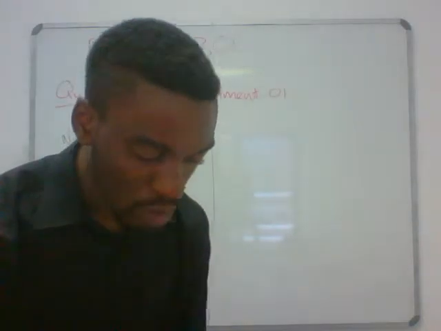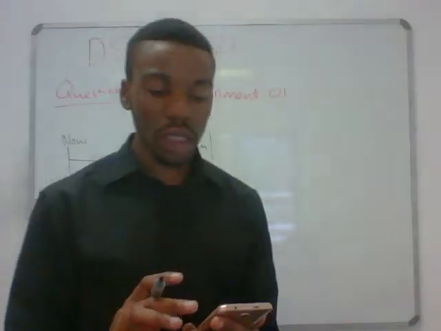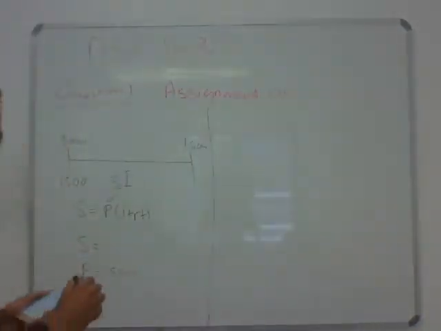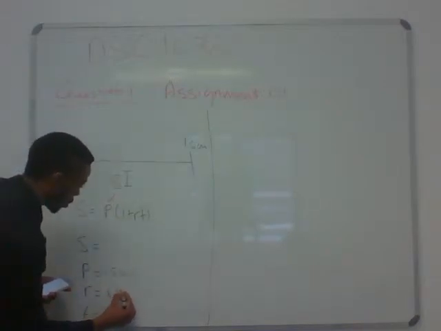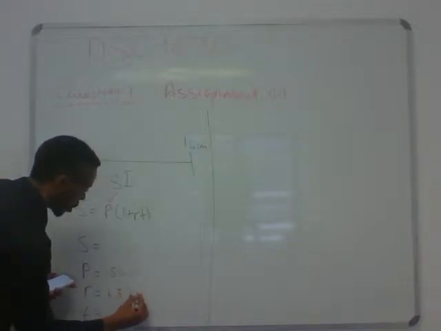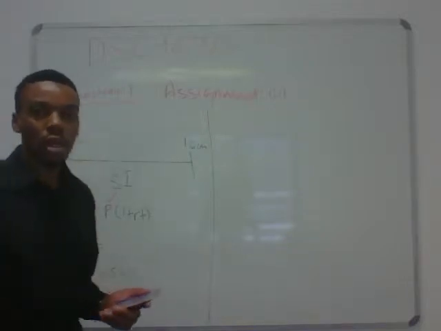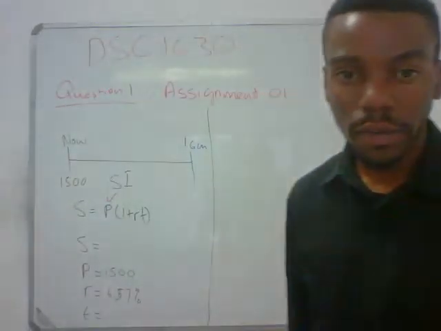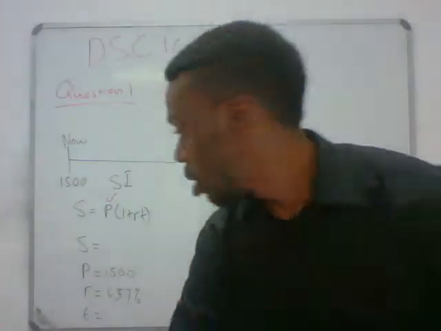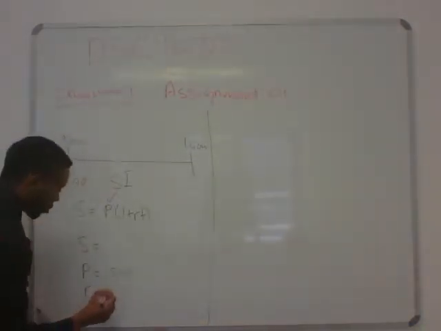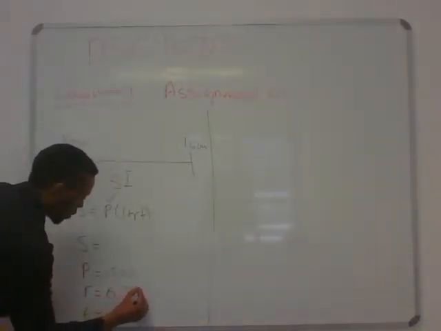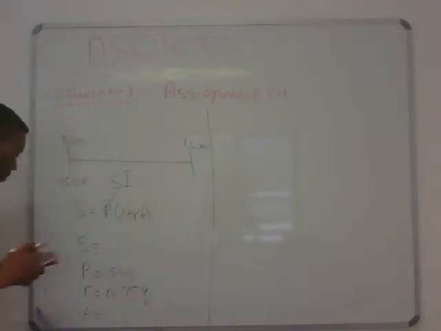Then next, an account earning 6.75% interest. So we have the rate, which is 6.75% per annum simple interest.